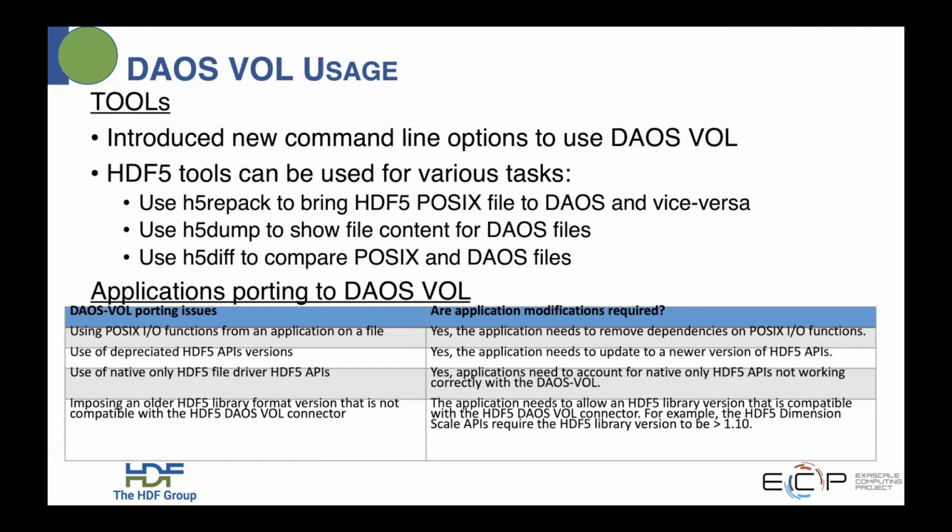There's also a lot of deprecated API versions. If you're using very old API versions that have been deprecated, odds are that hasn't been ported over to use the DAOS file. So those probably aren't supported, and you'll probably have to update your application to use the newest version of each API.